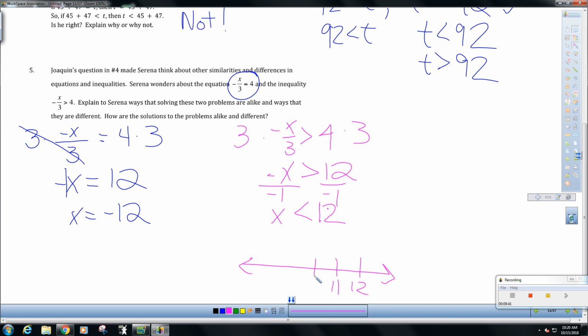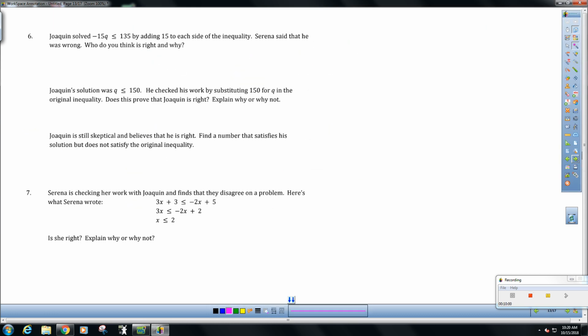And so the only way to write all of the answers down is with a list, an inequality, or a graph. Notice I'll put an open circle there because negative 12 is not less than negative 12, and I don't want my audience to think that it is. But then I'll color everything to the left, and all of those answers will work.